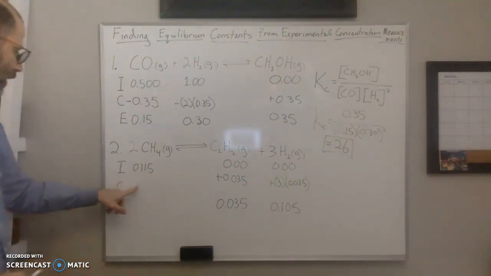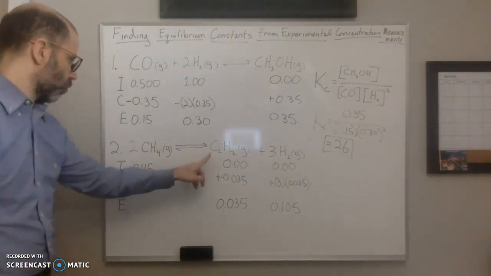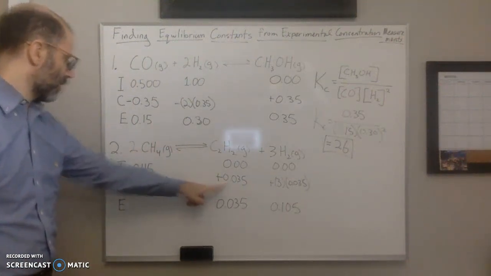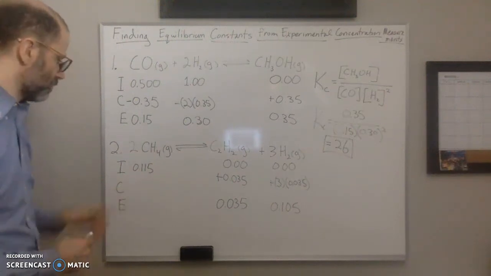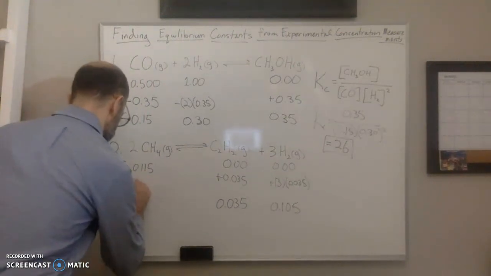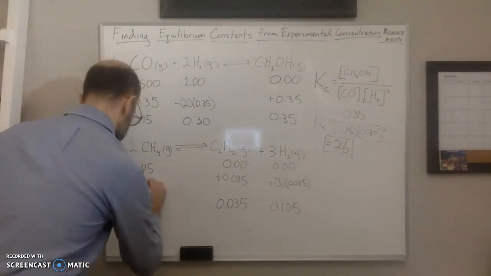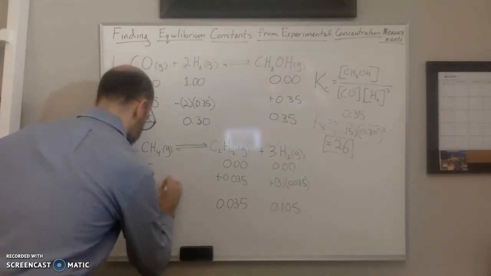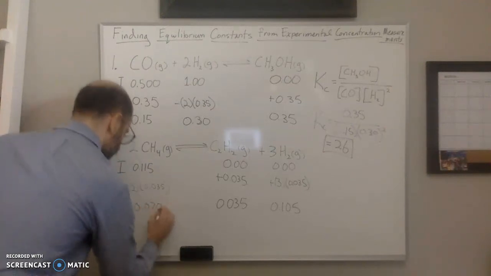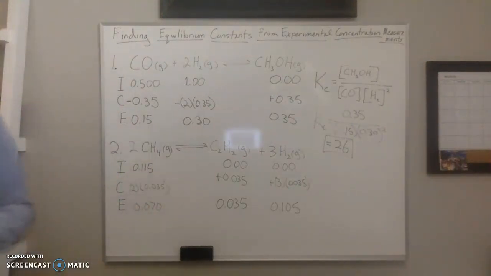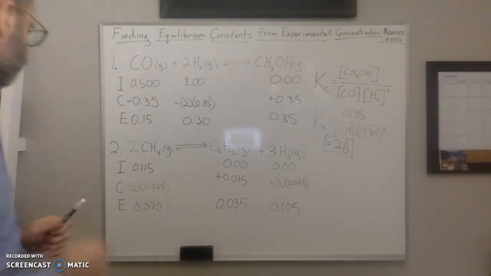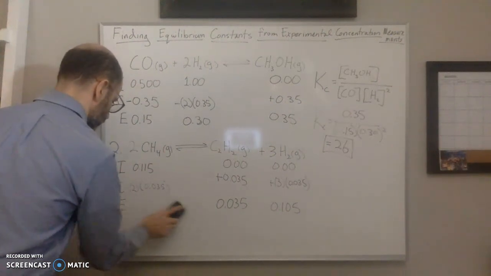And then I can figure out the change for this one because it's a 1 to 2 relationship here. So whatever I gain here, I lose double that amount here because I'm a reactant. I'm losing in the reactant. So this is going to be 2 times 0.035, and that's going to be 0.070.